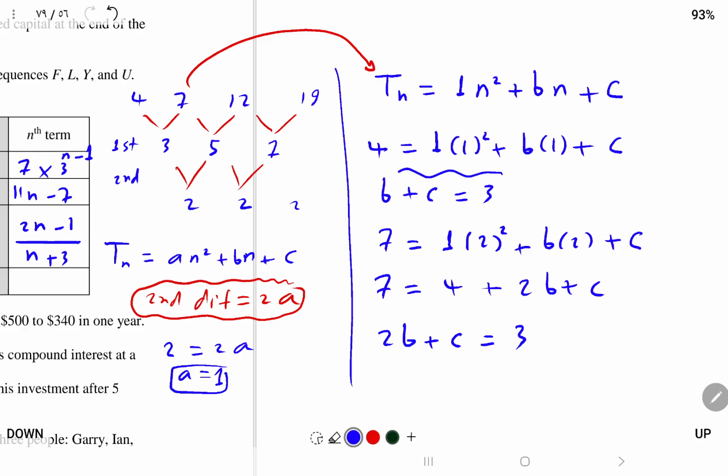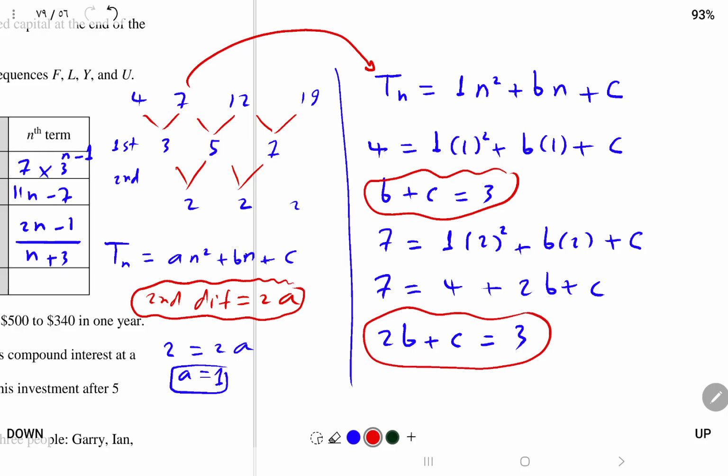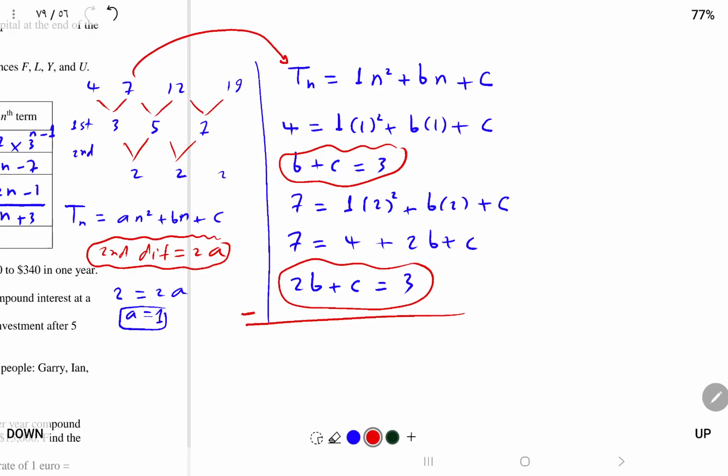Now to solve these two equations simultaneously, this one and this one, the easiest way here is to subtract both equations. So let's do subtraction and see what we get. b minus 2b, you get negative b. c minus c is cancelled. 3 minus 3 is 0.